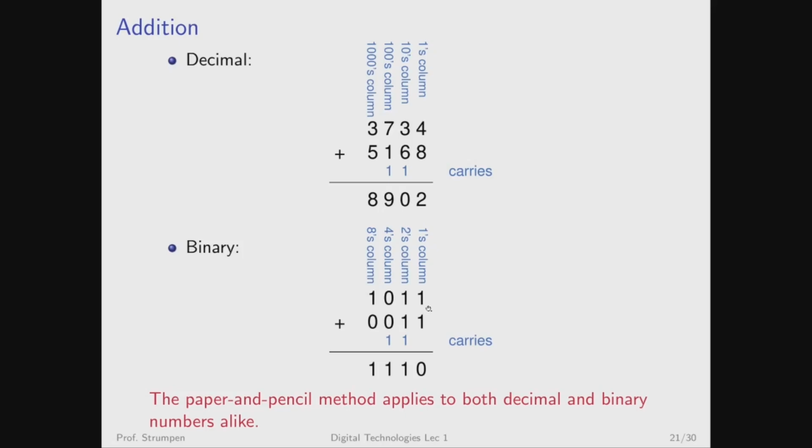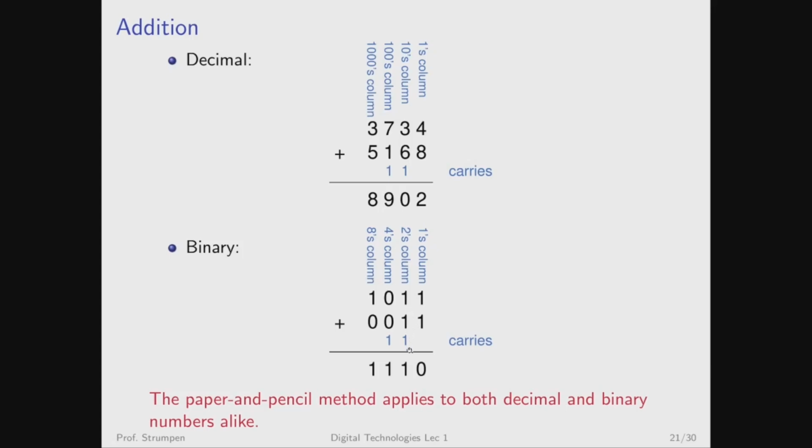And now I add the bits column-wise from right to left, starting in the least significant column. 1 plus 1 is 2, all right? What is 2? It is more than 1, so it's not a bit, it's a binary number. And as a binary number, we encode it as 10. So I have a carry of 1 going into the 2's column, and 0 for the sum bit in the 1's column.